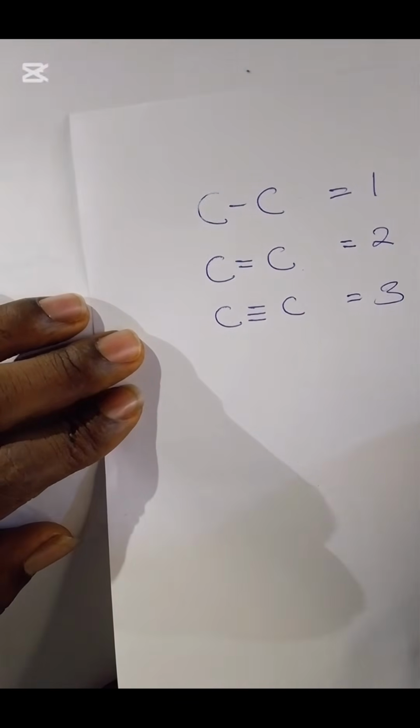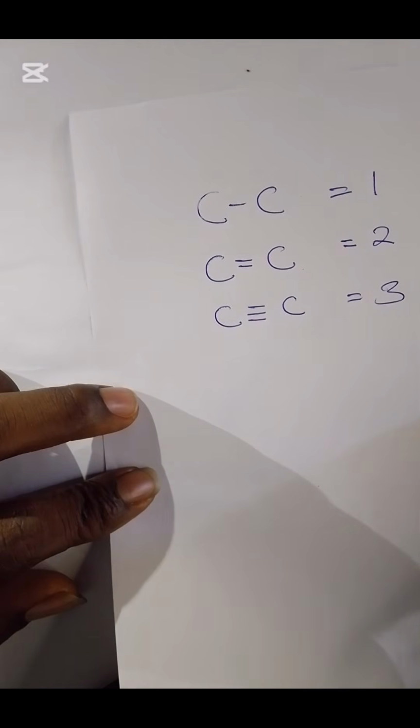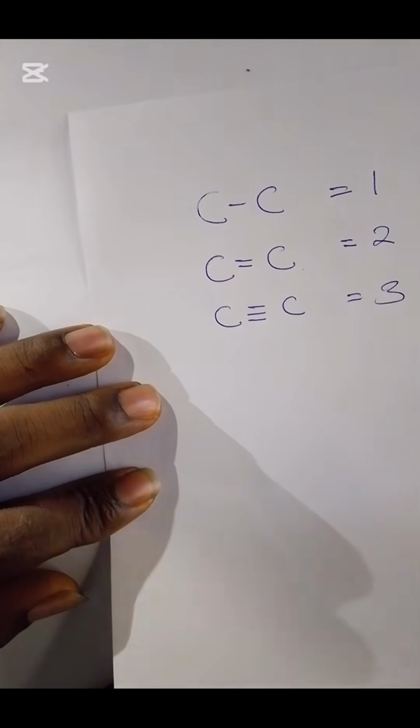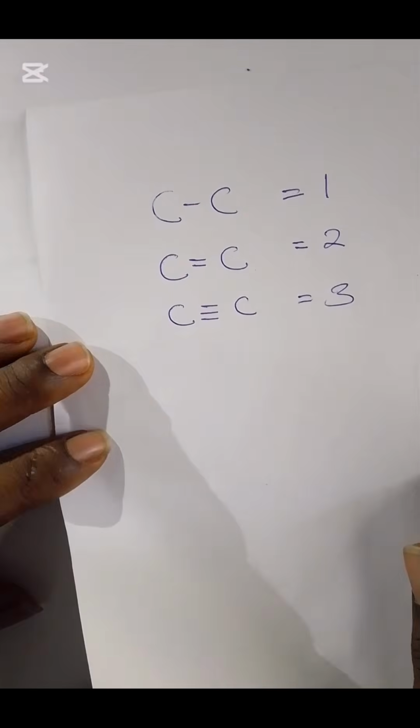Having known this, bond order is inversely proportional to bond length. That is to say, the higher the bond order, the lower the bond length.